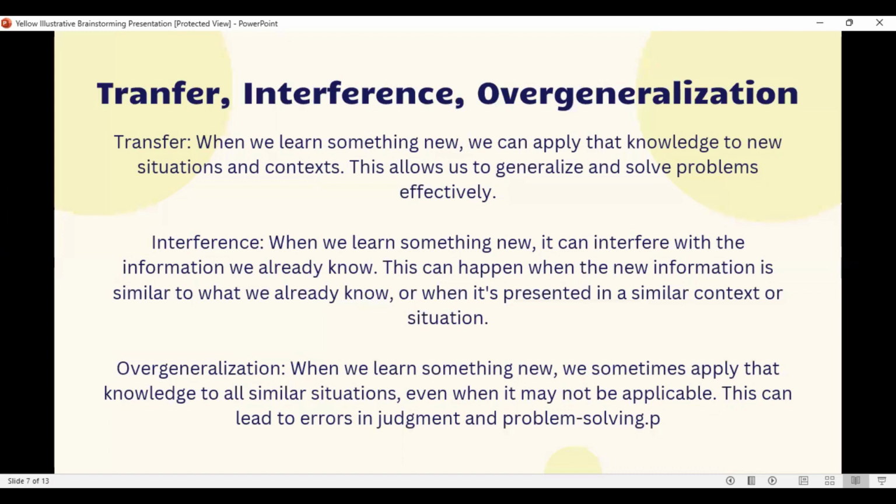This can happen when the new information is similar to what we already know, or when it's presented in a similar context or situation. And overgeneralization. When we learn something new, we sometimes apply the knowledge to all similar situations, even when it may not be applicable. This can lead to errors in judgment and problem solving.